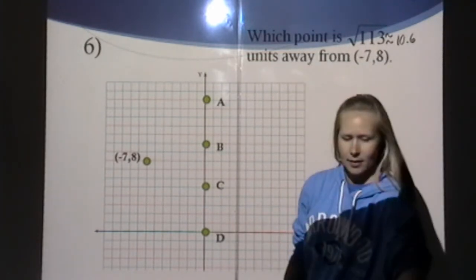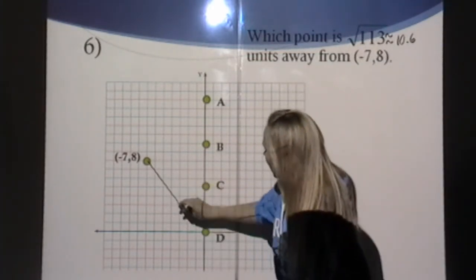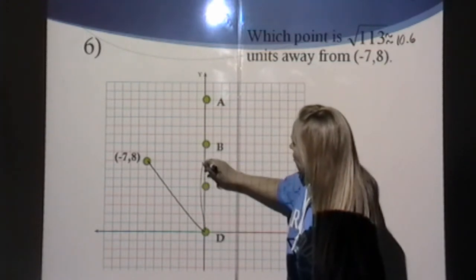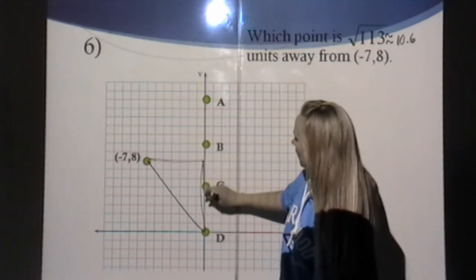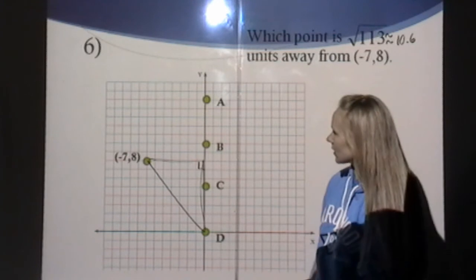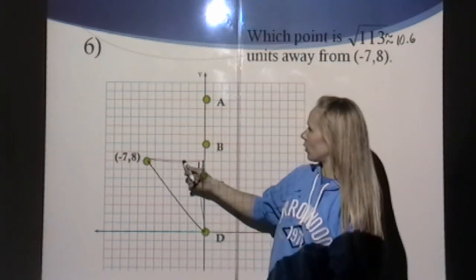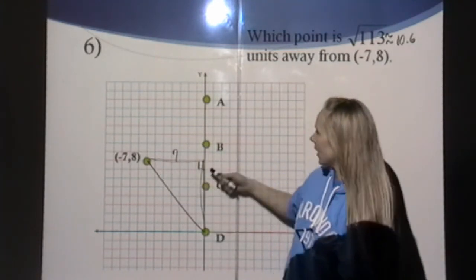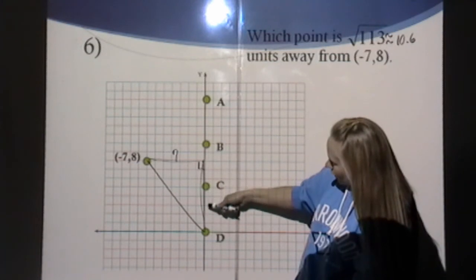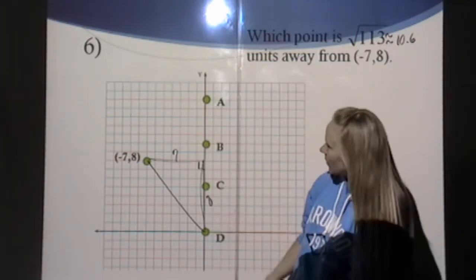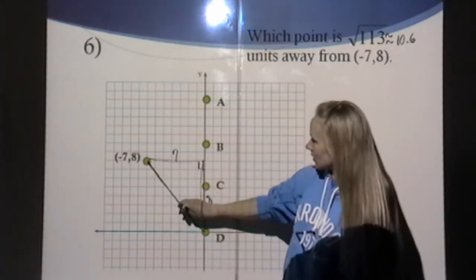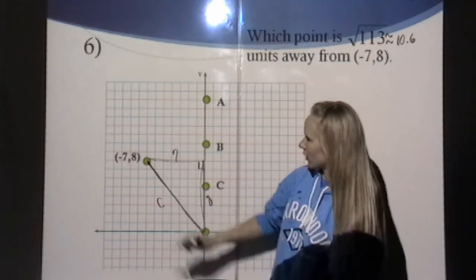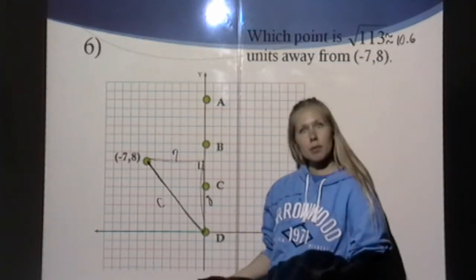All right, D. Connecting here, drawing a triangle. There we go. And looks like 1, 2, 3, 4, 5, 6, 7 units away. And here 1, 2, 3, 4, 5, 6, 7, 8 units here. And I'm trying to find this distance, which is the hypotenuse, and we'll call it C. So let's apply the Pythagorean theorem.